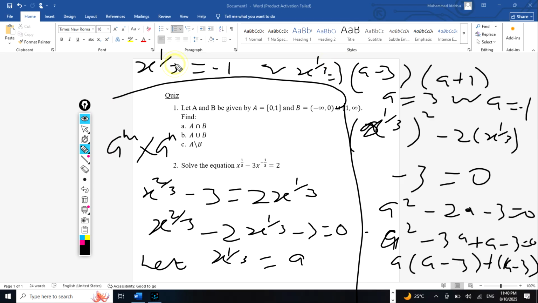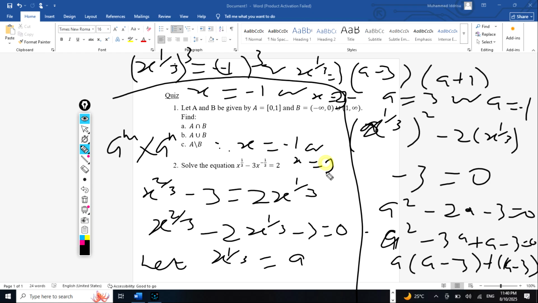So if we take the cube, if we take this to the power 3, this is negative, right? We have our x to be what, either negative 1 or x to be what, 27, 3 to the power 3. So therefore our x is equal to negative 1 or x is equal to what, 27. So we are asked to solve this equation, and these are the values we have for x.